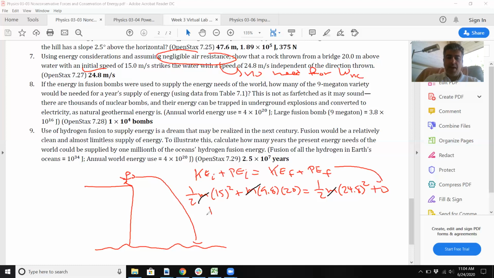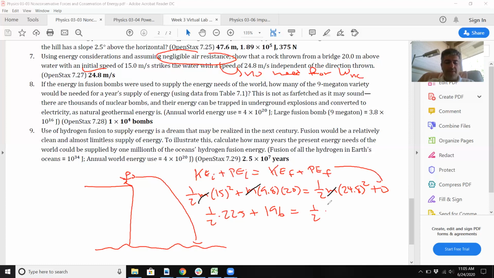Keep moving. You have 1/2 times 225, and that's going to be 19.6, 196, I think, equals 1/2 times, I'm not going to do that in my head. So let's use a calculator here, my cell phone. 24.8 times 24.8. Come on.